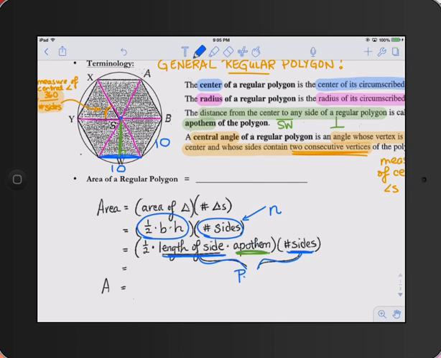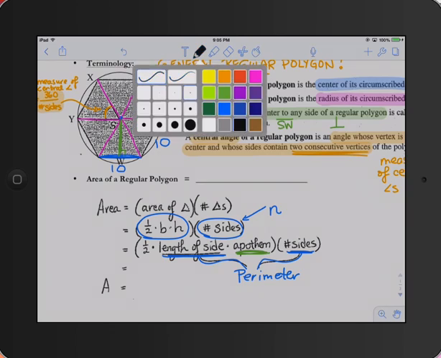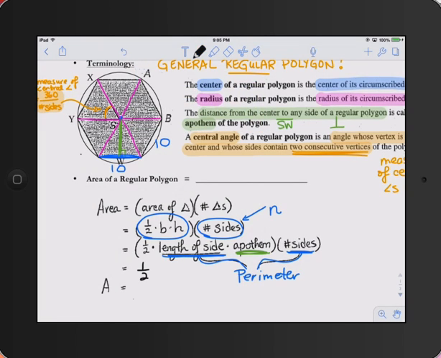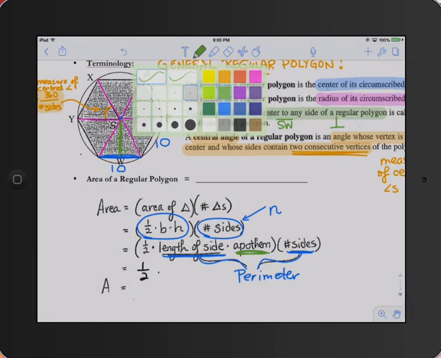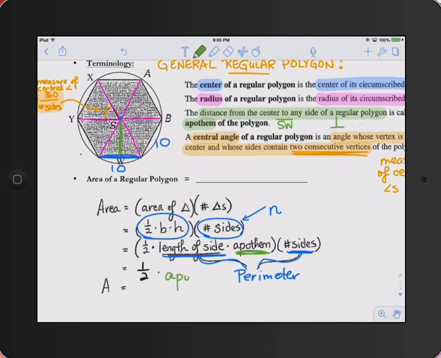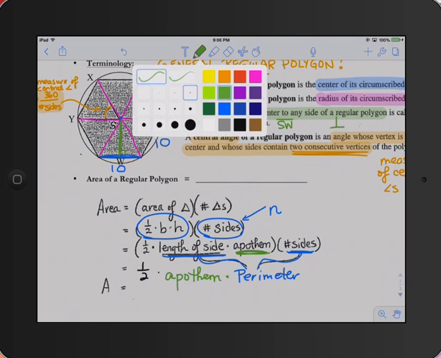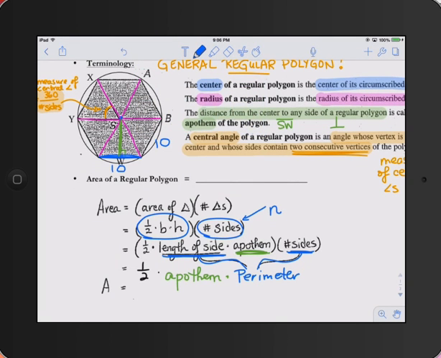This should be a little bit higher. Okay, so that is the perimeter of the polygon. And then if you just carry along that 1/2, we've got the 1/2 from above. Our apothem is carrying along, so we've got the apothem, which is again the altitude of one of the triangles, multiplied by the perimeter, and that's our formula for a regular polygon.